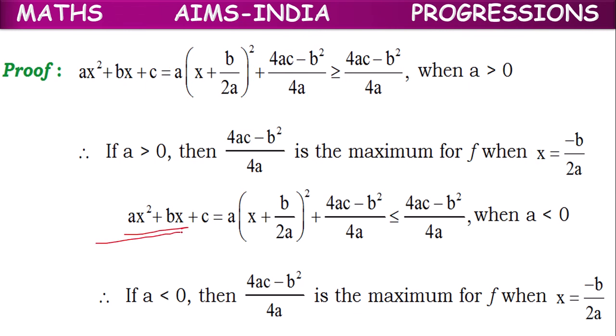So this ax square plus bx plus c can be written as this. This is the first part and this is the second part.